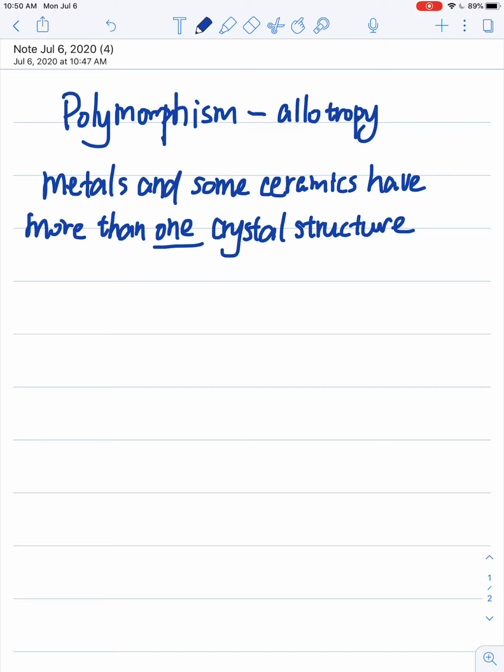And for elemental solids, this is known as allotropy.